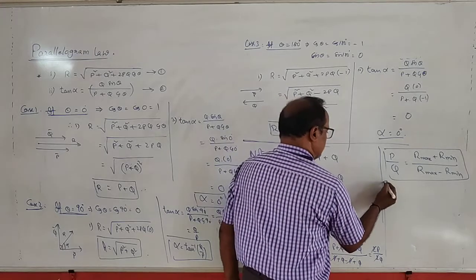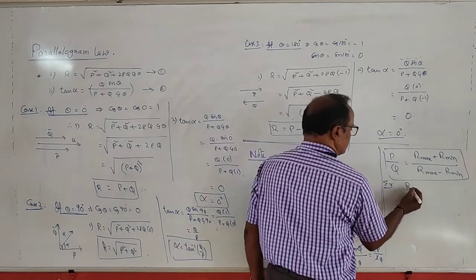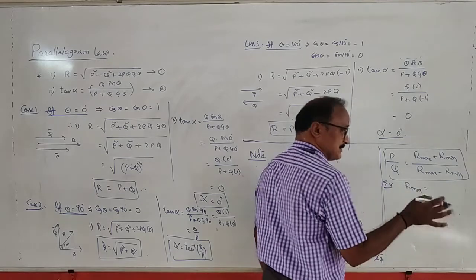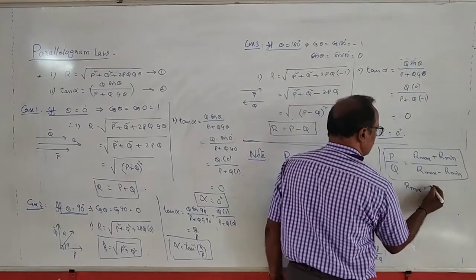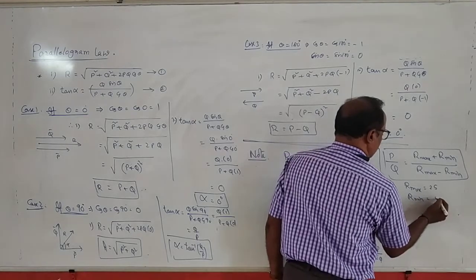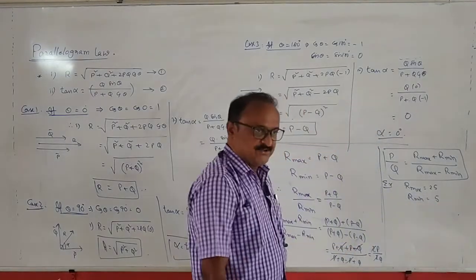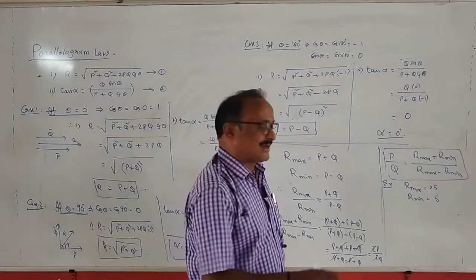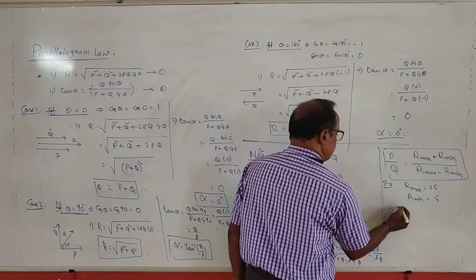See here, for example, let the maximum resultant of two vectors be 25 and the minimum resultant be 5. Find the ratio of magnitudes of the two vectors. How will we find it?